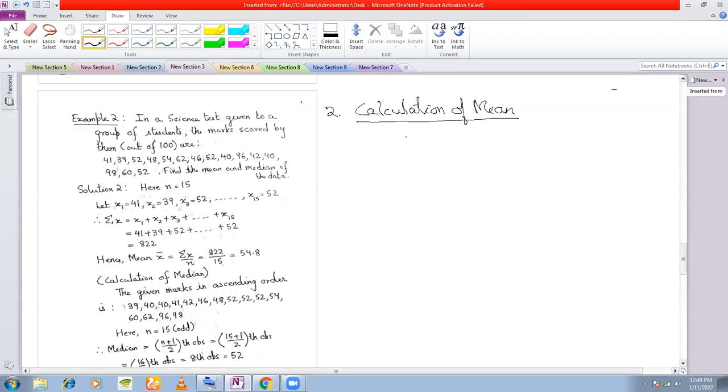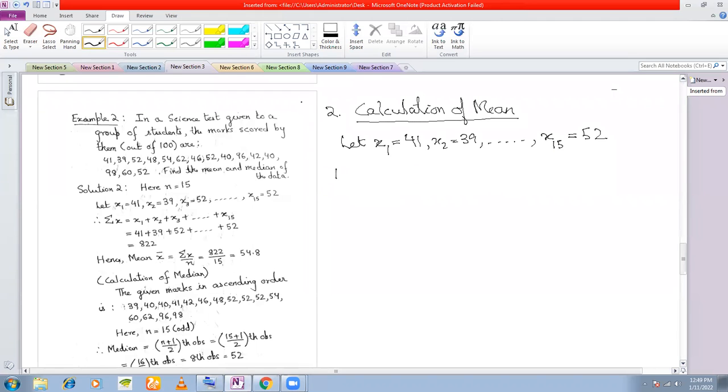In the calculation of mean, you don't need to arrange the data in ascending or descending order. So you can take x1 is equal to 41, x2 is equal to 39, and so on. There are 15 observations. You'll reach till x15 is equal to 52, right?